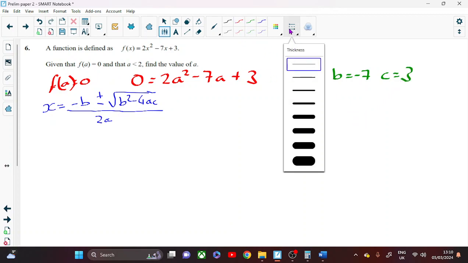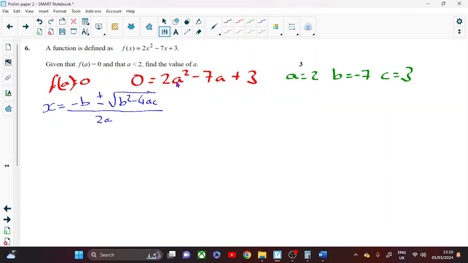So that gives us a equals, I've got minus b, minus 7, so plus 7, plus, and I've got the same with minus.